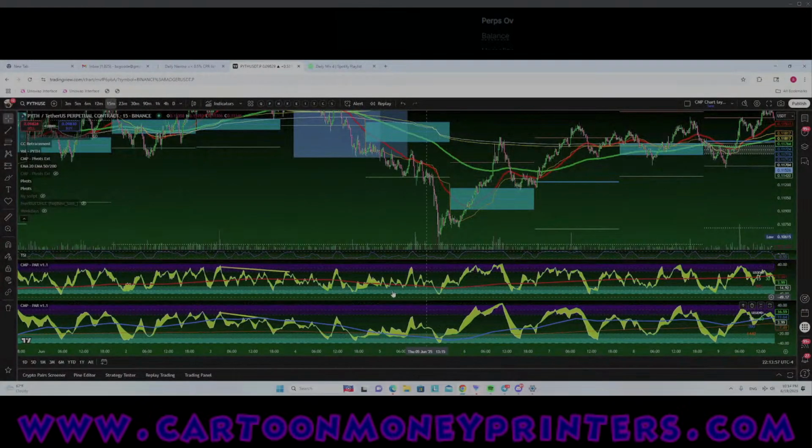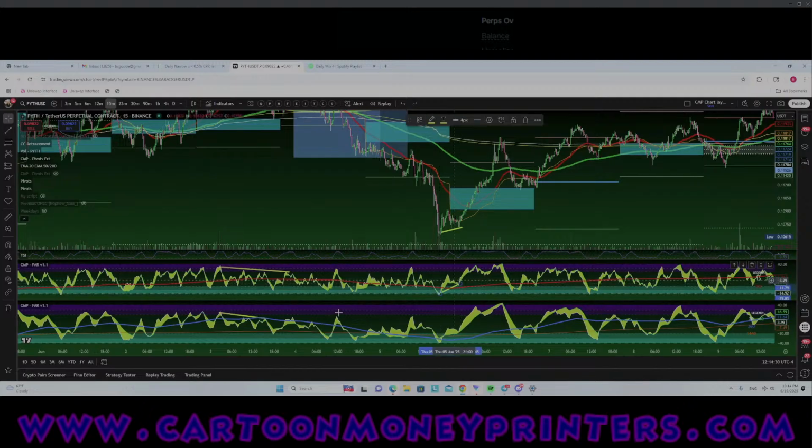So you just let that ride, and then you start looking for more bull divs, right? Which we don't really get a clean one till right here, right? Boom, there's a nice bull div, and it's kind of hidden. Price did go up, but nowhere near as steep as the ribbons.